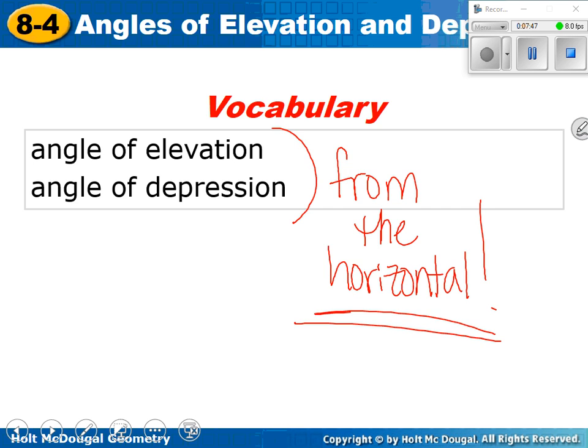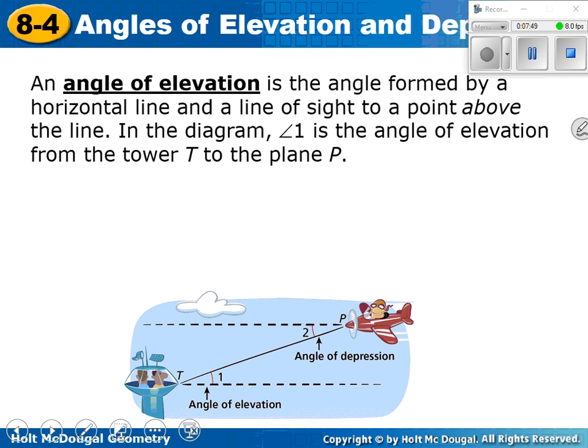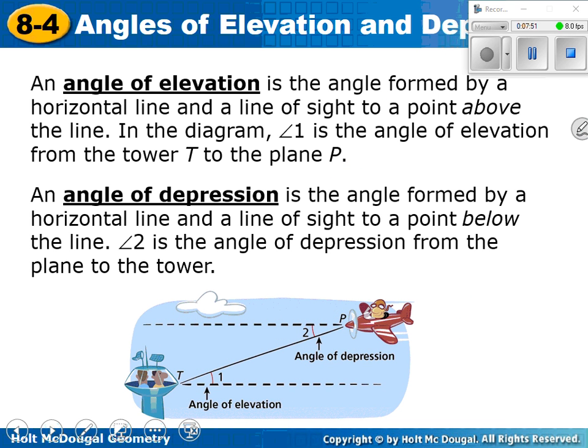So on your notes, when you look at the definitions for angle of elevation and angle of depression, angle of elevation is the angle formed by a horizontal line and your line of sight. So horizontal line and your line of sight, if it's angle of elevation, it's to a point above the line.